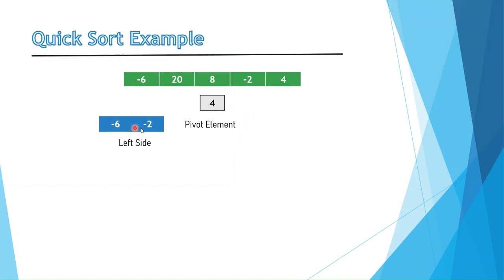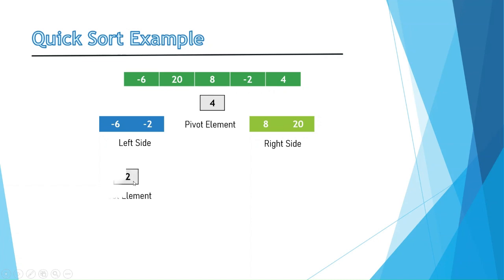Now you can see that -6 and -2 are on the left side and 8 and 20 on the right side. Now we move on to the left array, which is -6 and -2. We take -2 as the pivot element in our left side array.